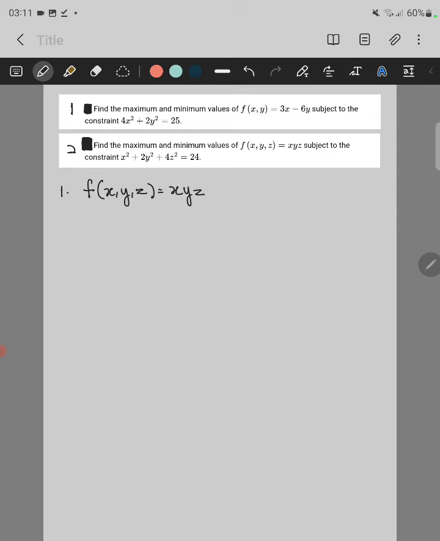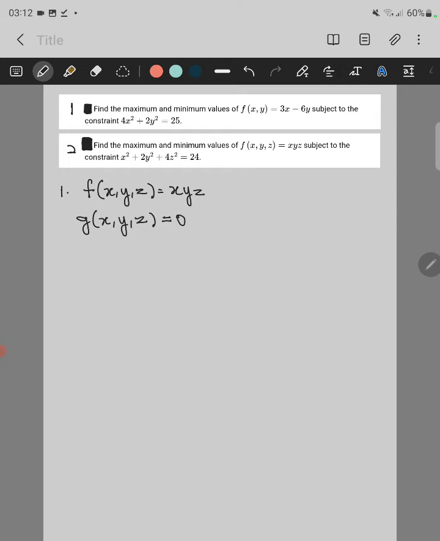Second, we need to find our g(x, y, z). Because our function depends on 3 variables, we need a condition such that g(x, y, z) should be equal to 0.